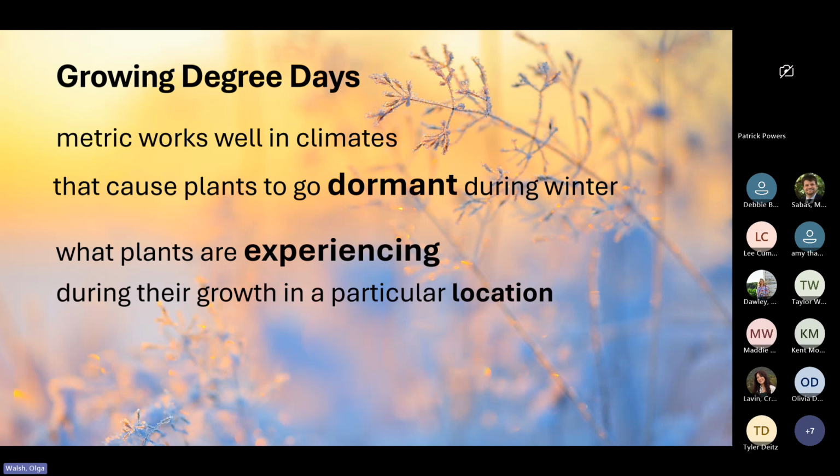And basically, it helps us to understand and describe what plants are experiencing during their growth at a particular location, which is important because even across state lines and within a state, and even within a farm, at different fields, we can technically say that these are different locations because they may experience different temperatures.